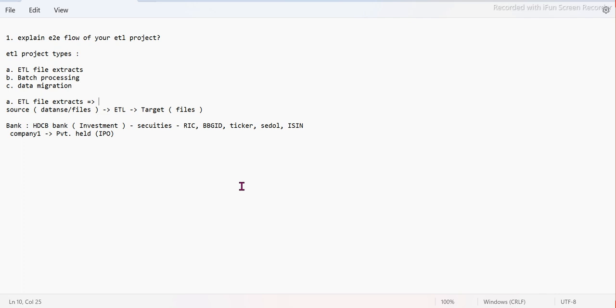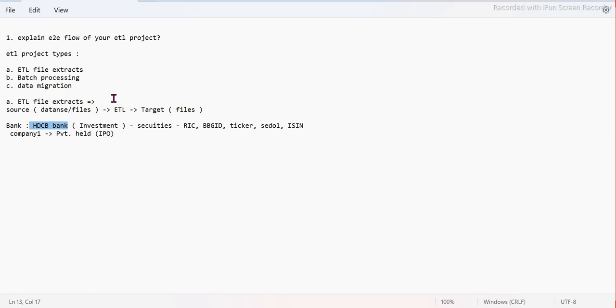So here what is happening, guys, right? In this case, Reuters, as a data provider, will collect all the data from multiple sources everywhere. It will extract it. It will convert the data into the desired form, because HDCB might need the data in a certain format which can be loaded into this system, right?